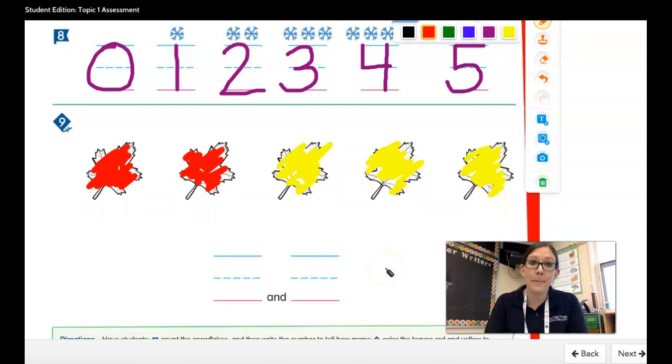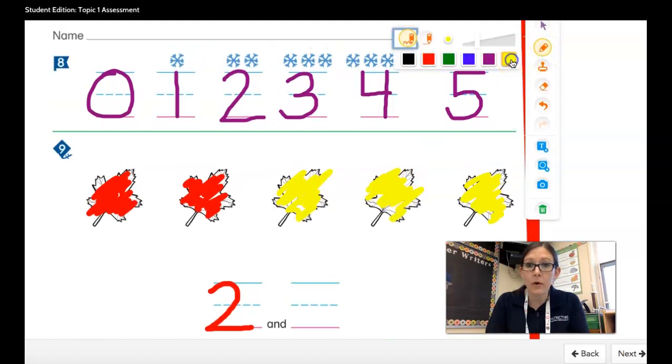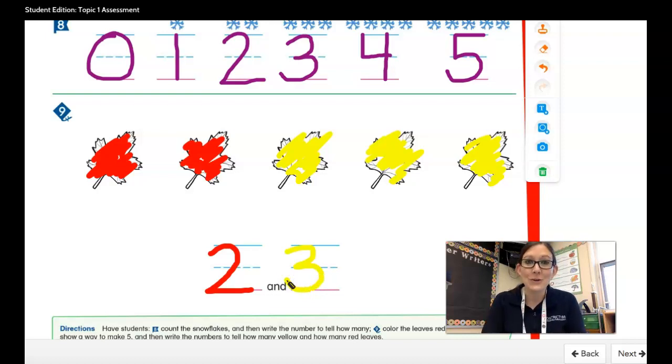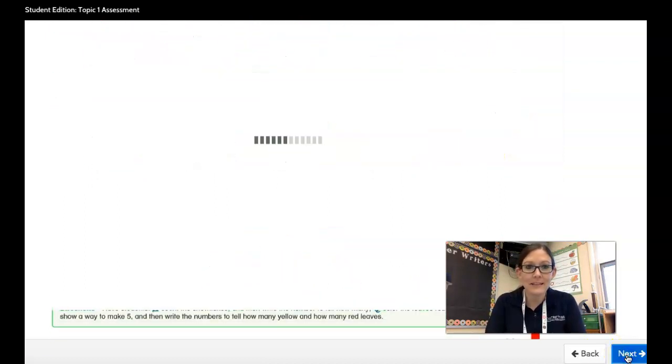Now I have to write the numbers that match my parts. What is my red part? 1, 2. So I have to write the 2. And what is my yellow part? 1, 2, 3. So I have to write the number for the yellow part. 2 and 3. That shows a way to make 5. Did you do it a different way? All right, let's look at the next page.